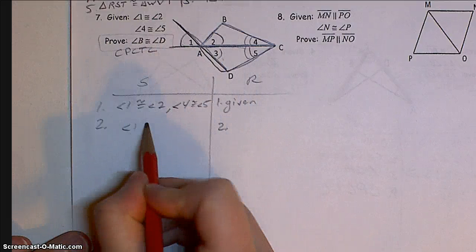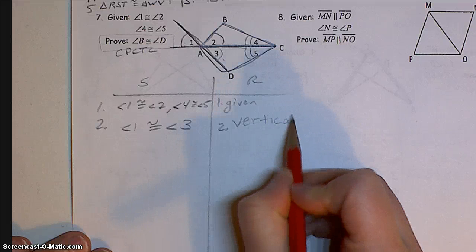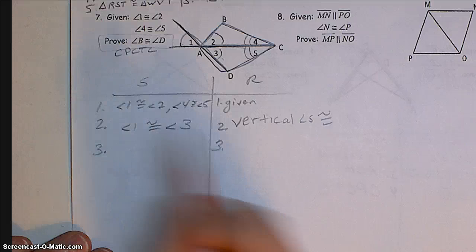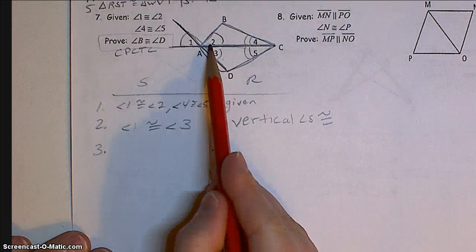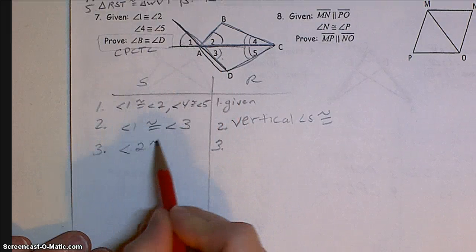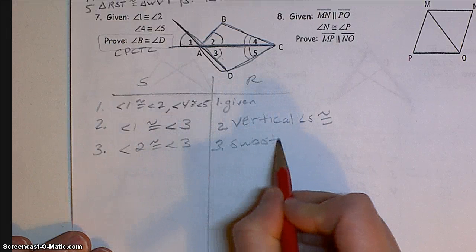So angle 1 is congruent to angle 3 because vertical angles are congruent. Alright, well, before we said that 1 was congruent to 2, and if 1's the same as 3 as well, that means 2 and 3 have to be the same by substitution.